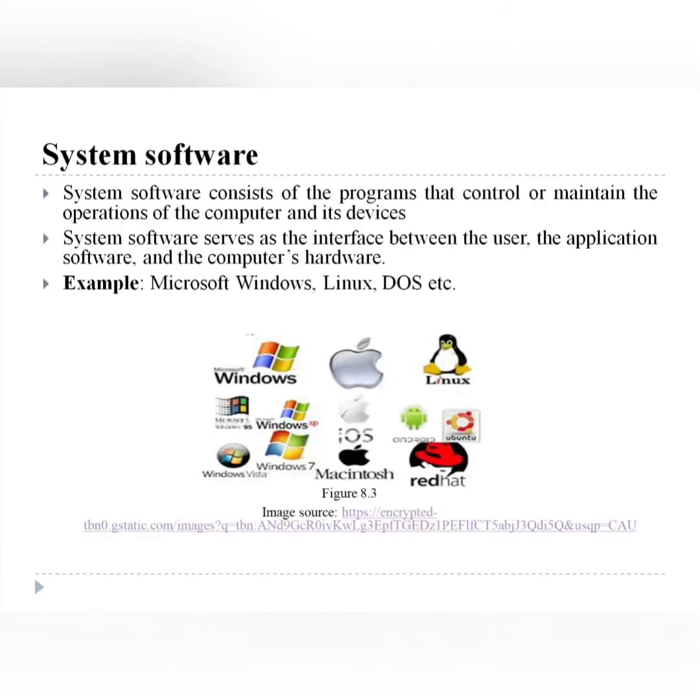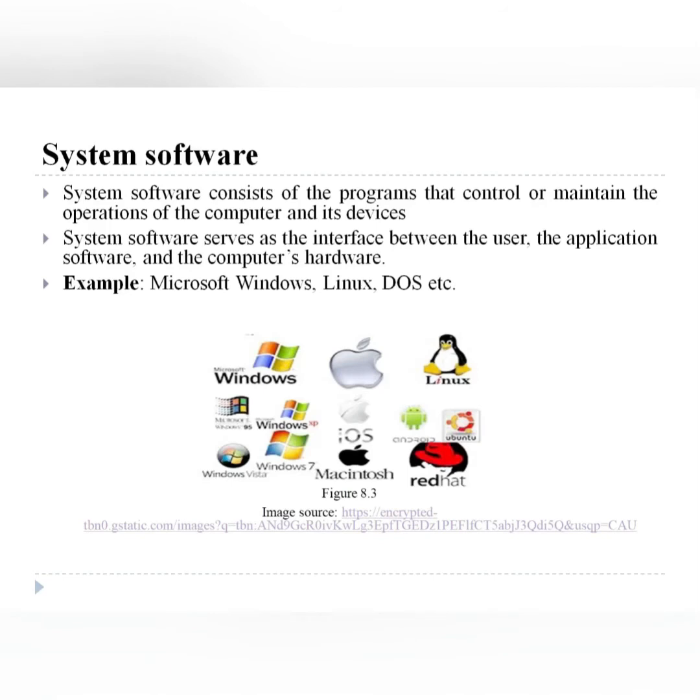System software is a set of programs that controls and maintains the operation of the computer and its devices. And also, it is a platform for running the application software. Examples: MS-DOS, Linux, Windows operating system.